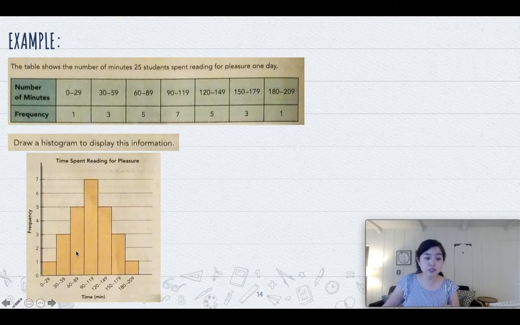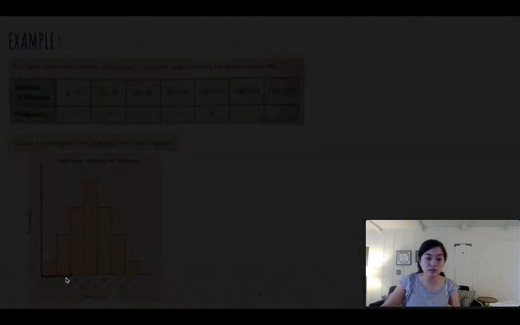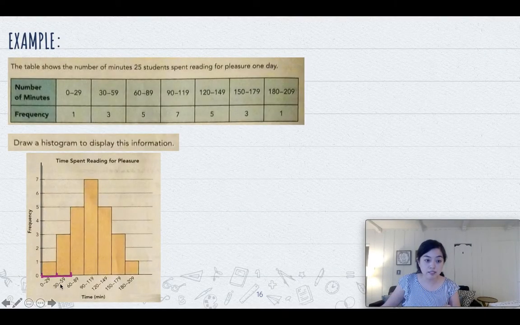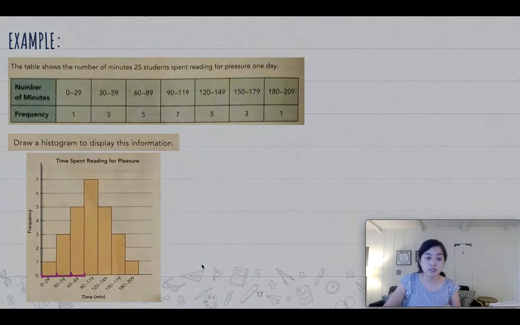So again, notice we're using bars because each bar represents an interval: 0 to 29, 30 to 59, and so forth. This bar represents that interval, and that bar represents this interval, and so forth.